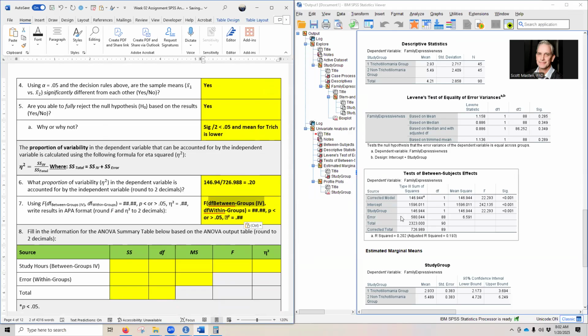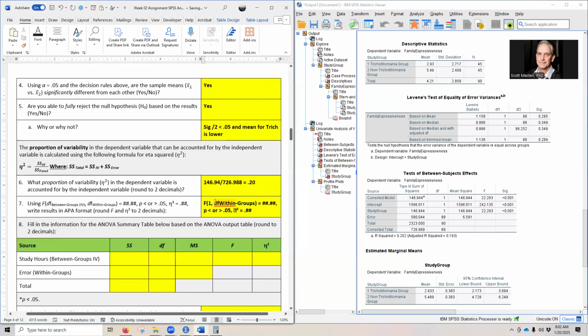Degrees of freedom between right there is 1. Degrees of freedom within, which is our degrees of freedom error, is 88. Our actual F value is 22.93, and our p is less than 0.05.